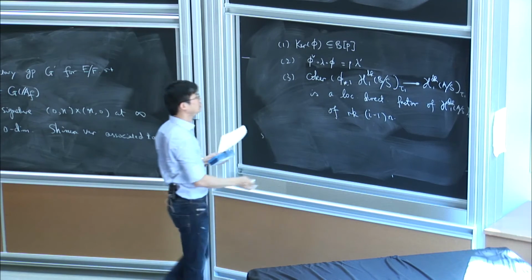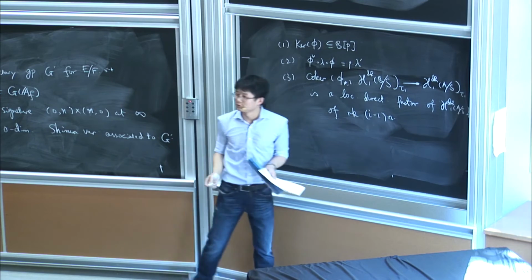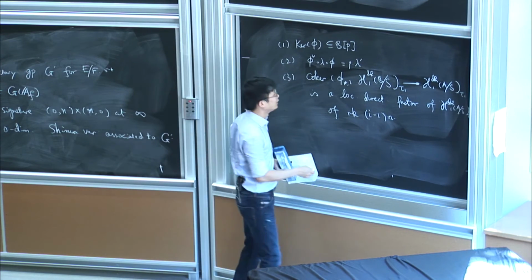So this subscript tau_1 means the tau_1 component of the de Rham homology.